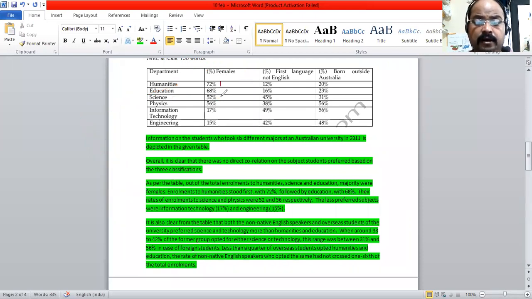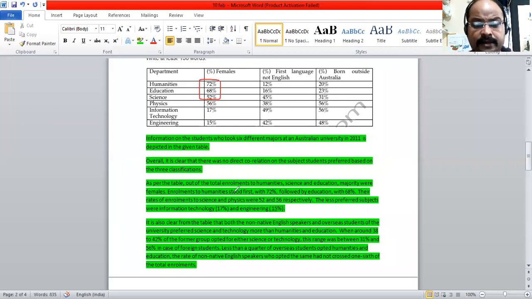Out of the 100 percent enrollment, you can say more than half of the students in humanities, education, and science were females.